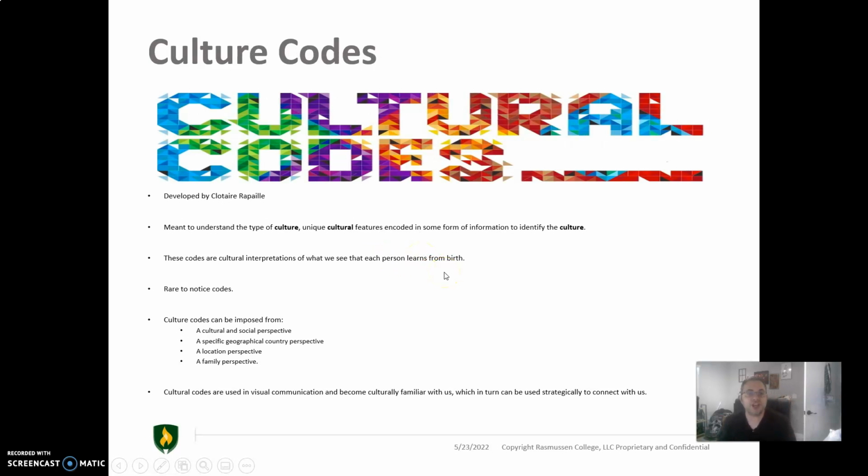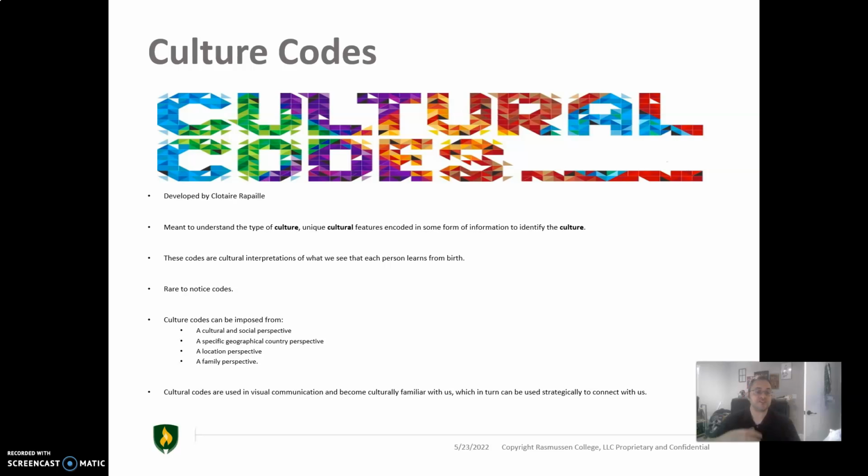And it's kind of interesting because they're developed by things known as culture codes. And culture codes are really important. They're developed by a French theorist known as Claude Raphael. They're meant to understand the different types of culture, unique cultural features encoded in some form of information to identify the culture. Now, the funny thing about it is these codes are cultural interpretations of what we see that each person learns from birth.